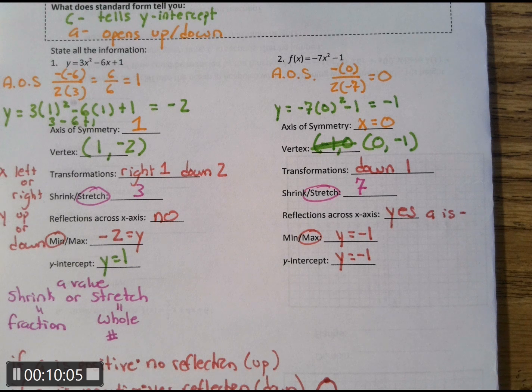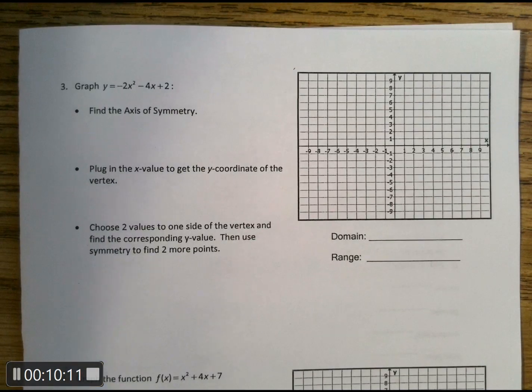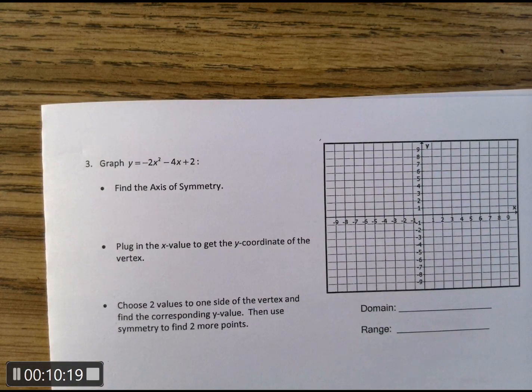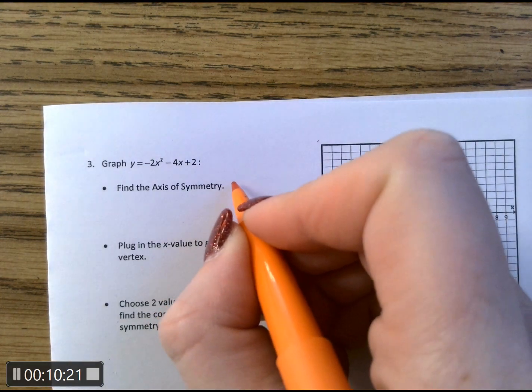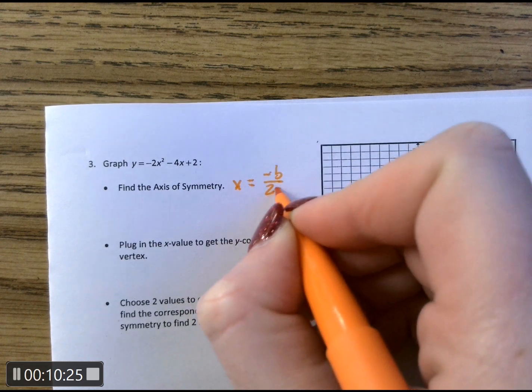Okay, so now on to number 3, next side of our paper. Now we actually have to graph it, okay? So start by finding our axis of symmetry. Remember, axis of symmetry is x equals negative b over 2 times a.